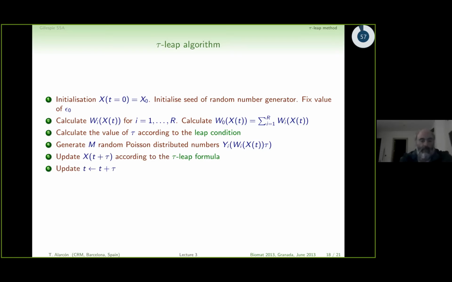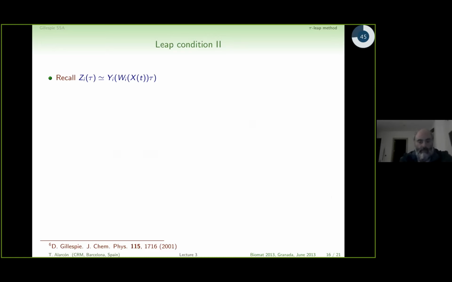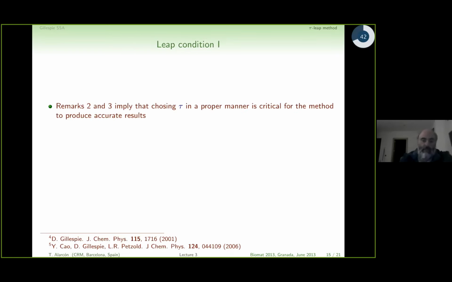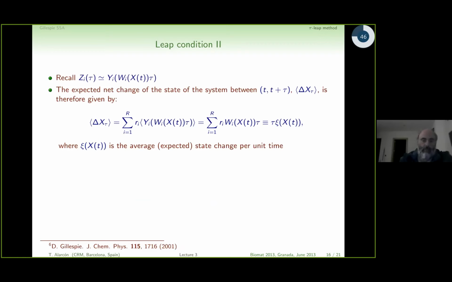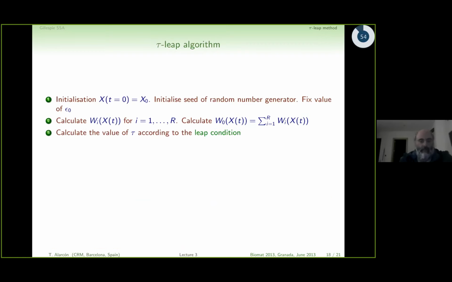Then we update the system according to the tau-leap formula, which is this one here. Now we know everything because this is part of the model, so we have calculated it using the method. We can sample these Wi quantities, and we can apply this formula to update the state of the system.